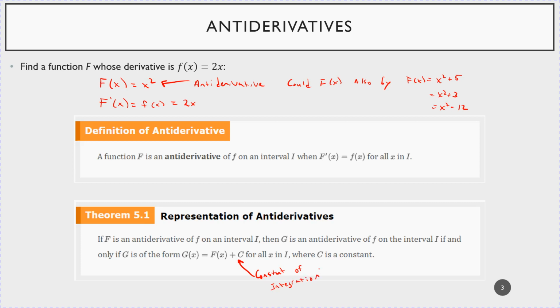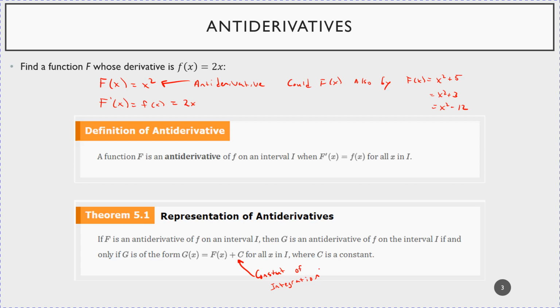When you find an antiderivative, like we did in the first part, and you take its derivative and get 2x, there could have been any constant, an infinite number of possible constants, attached to that function. So instead of just saying the constant was 5 or the constant was 3, we just write plus C to signify it could have been any constant there.